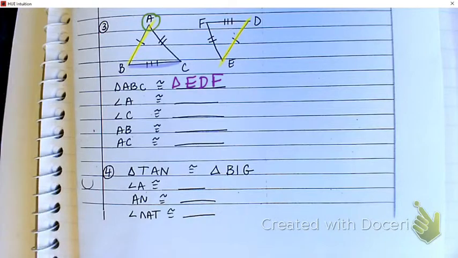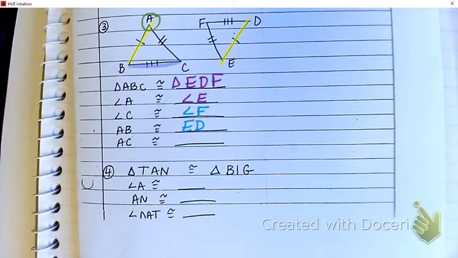Now, after you've done all that, that tells you the answer to all of this stuff right here, because I don't have to look back at the picture. I can just tell A goes with whatever A was when I made the triangle. So what does A go with? E. So angle E corresponds with angle A. Angle C corresponds with whichever one I said when I made the triangle, F. AB goes with ED.